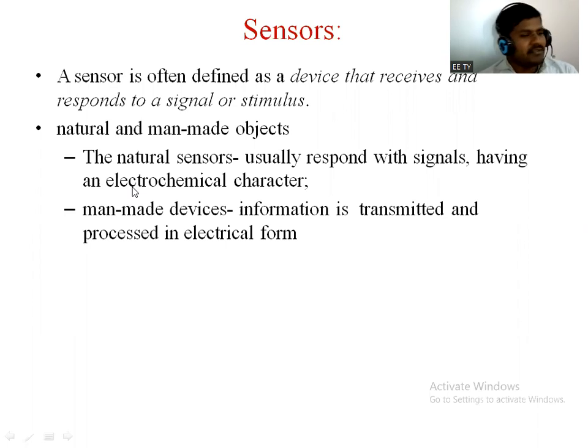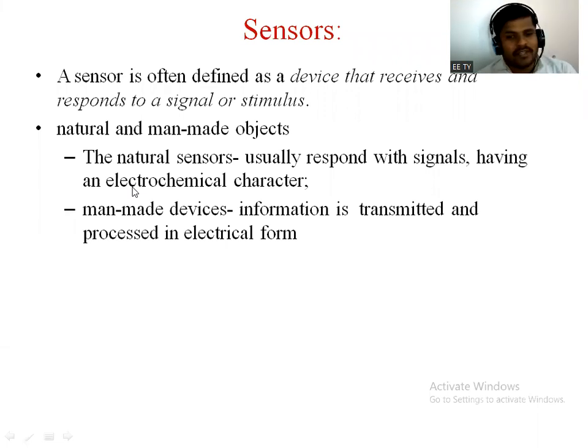Suppose a low level signal is there, and we want to make that signal high level, so an amplifier is required. Okay, so the sensor detects within some range; beyond that range it will not detect.